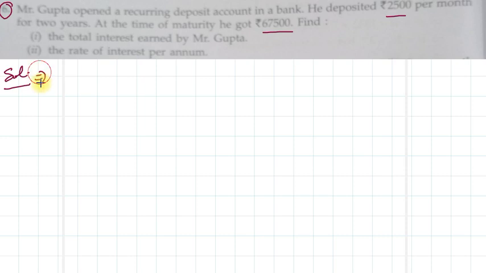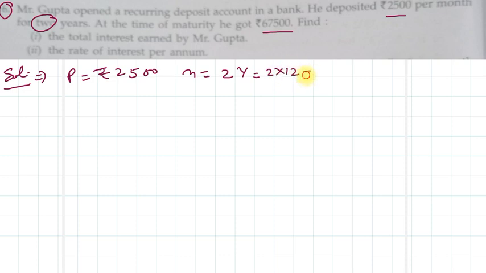our principal is rupees 2500, time is n, 2 years, so 2 into 12, 24 months, right? And maturity value he got is rupees 67500, right? Again we have to find total deposits.